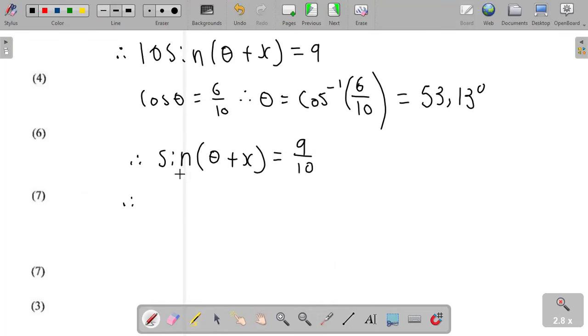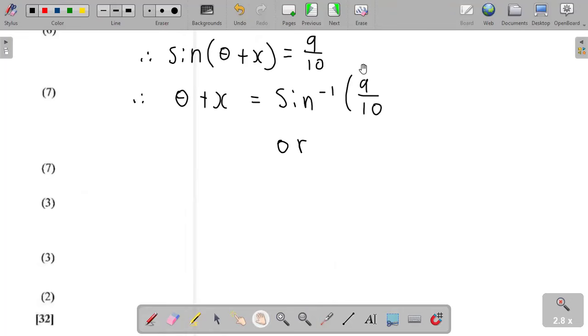So it means therefore θ + x equals the inverse sine of 9 over 10, or, because we have to take it in two quadrants, sine is positive in the first and the second quadrant.